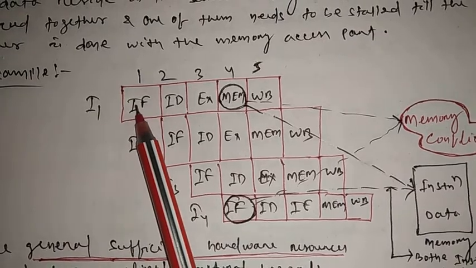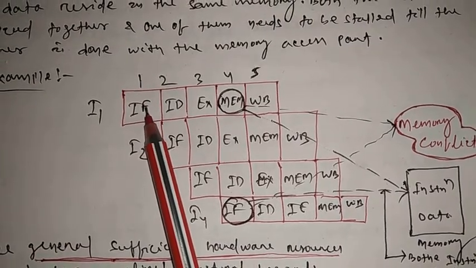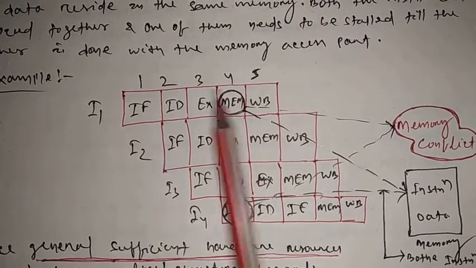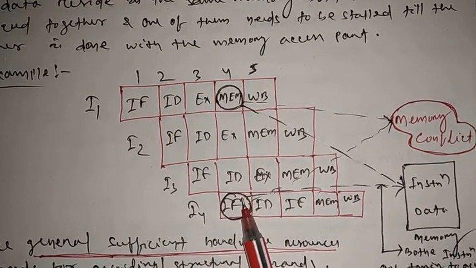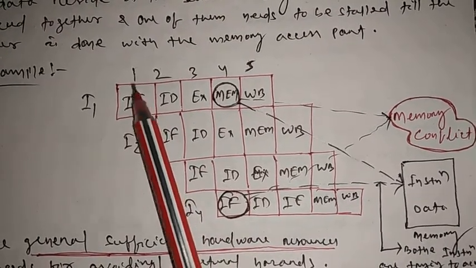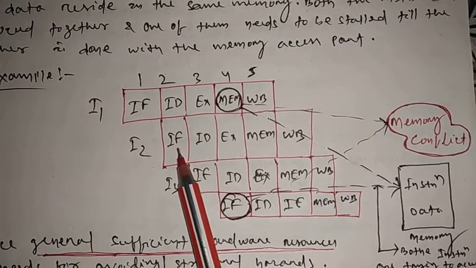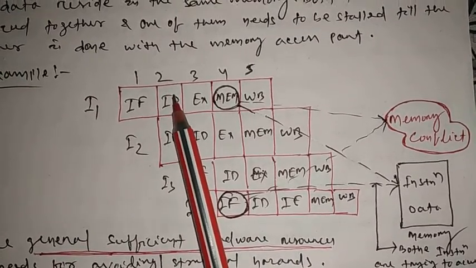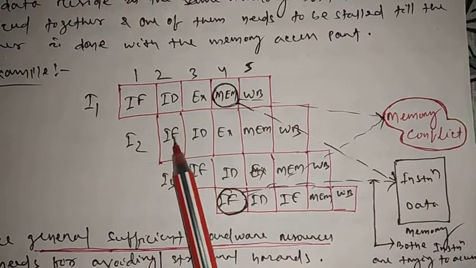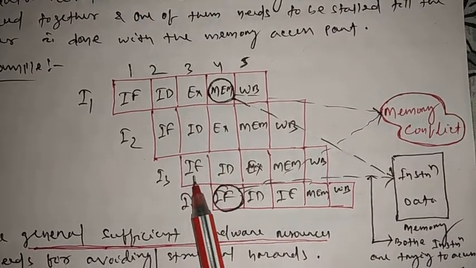When instruction 1 is in its first stage, there is no other instruction loaded into the pipeline. When instruction 1 moves to the second stage, instruction 2 is loaded into the pipeline. Similarly, when instruction 1 moves to the third stage, instruction 2 moves to the second stage, and instruction 3 is loaded.